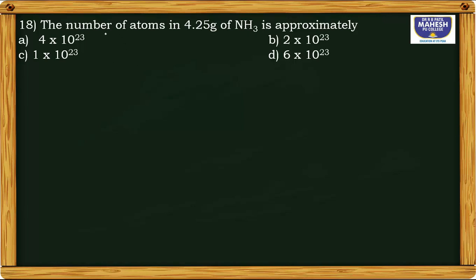Next question, number of atoms present in 4.25 gram of ammonia approximately. Ammonia: nitrogen 14, 3 hydrogen plus 3, total 17 gram of it has Avogadro number of molecules, but how many atoms? One molecule has 3 plus 1, 4. So automatically 4 into Avogadro number of atoms it contains.